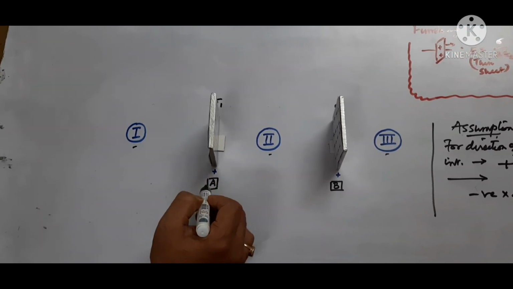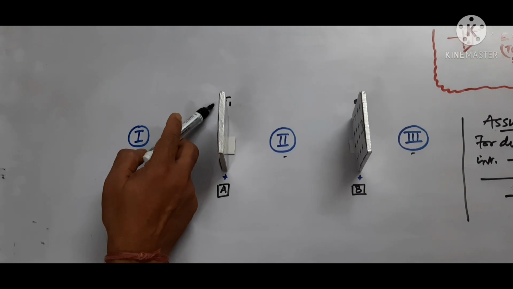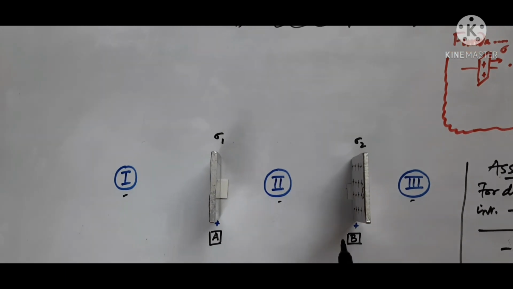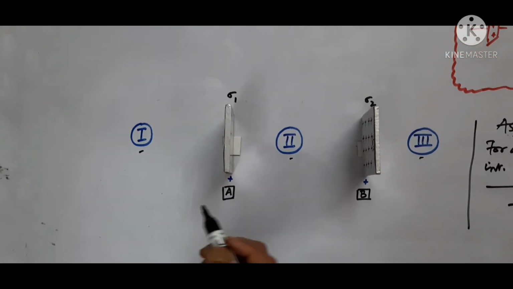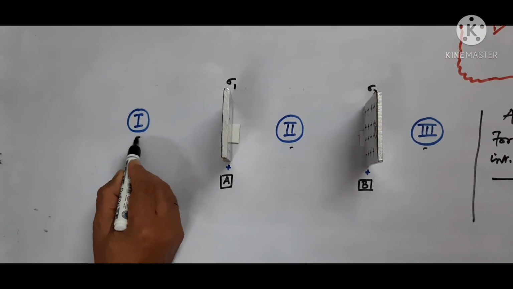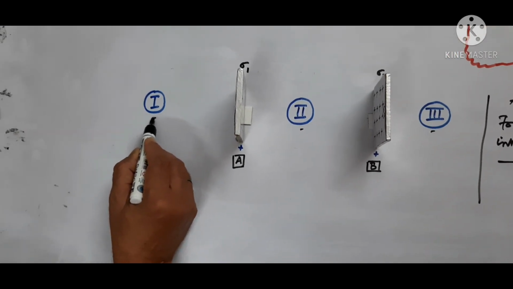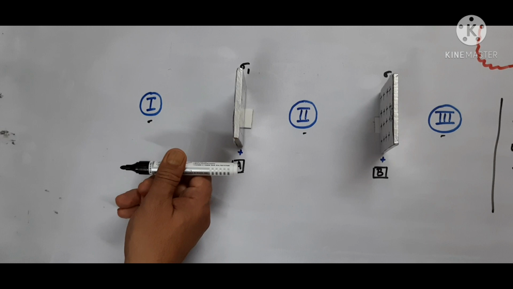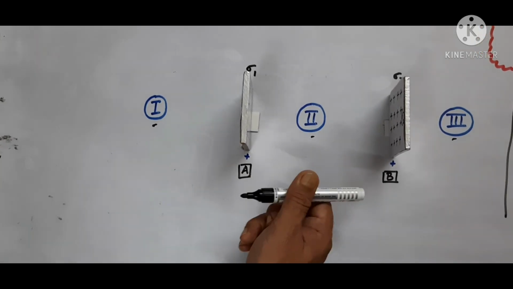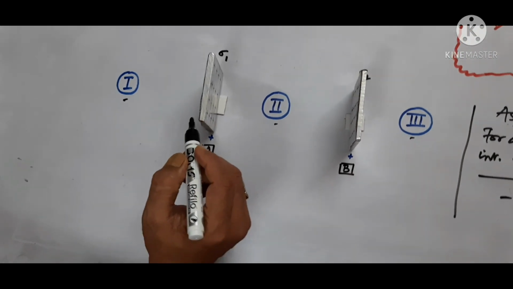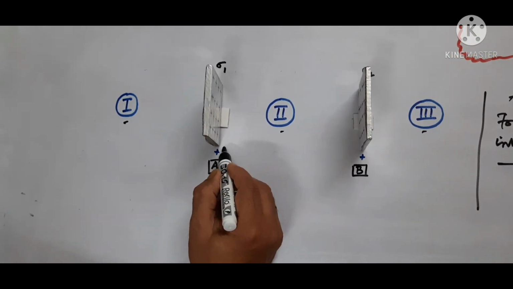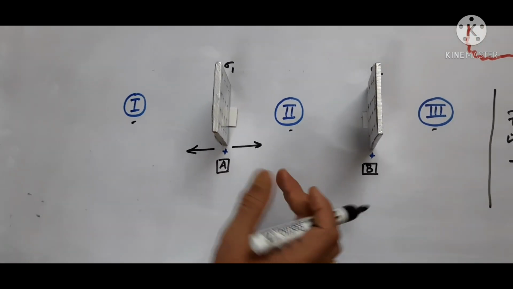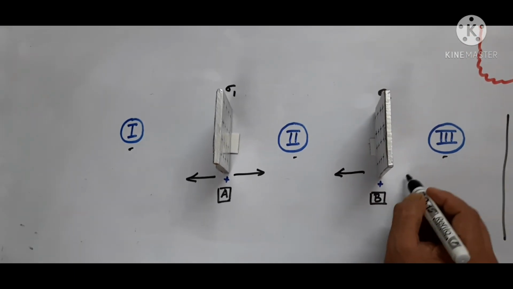For the first plate A, I have assumed sigma 1 is the surface charge density, and sigma 2 is the surface charge density of plate B. At region 1, we first have to find the electric field intensity due to plate A and due to plate B. As it is a positive charge, the direction of the electric field intensity is away from it, this way and this way. Here also this and this.